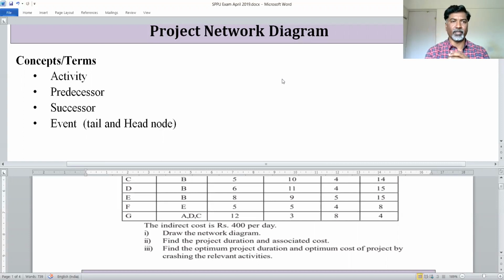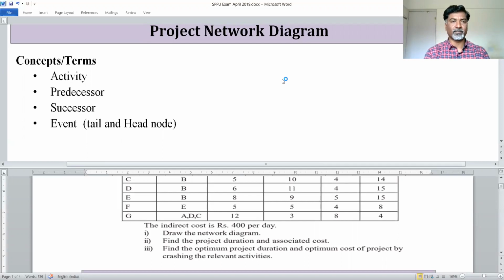In the software development life cycle, you know there are a number of activities you have to perform, like requirement analysis, feasibility study, system analysis, design, coding, testing. So these are activities. For any project, we have to identify different activities to run the particular project. So this is the first point, that is, identify activity.